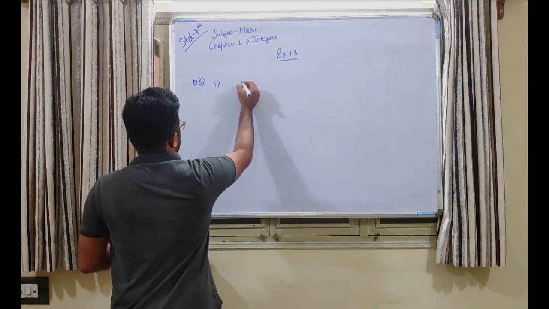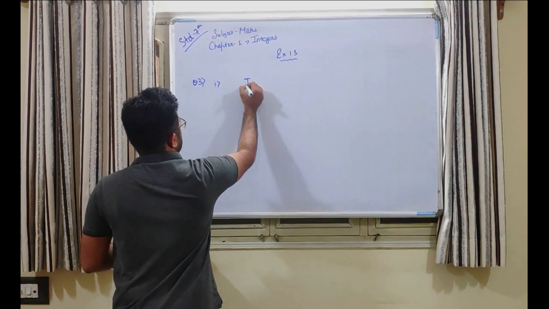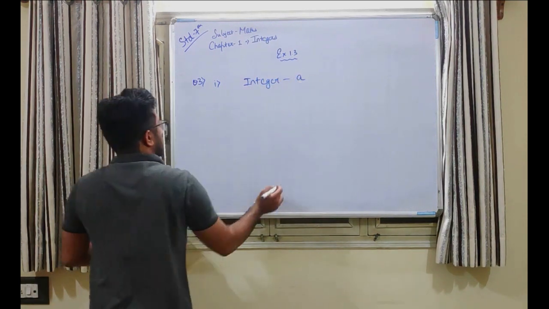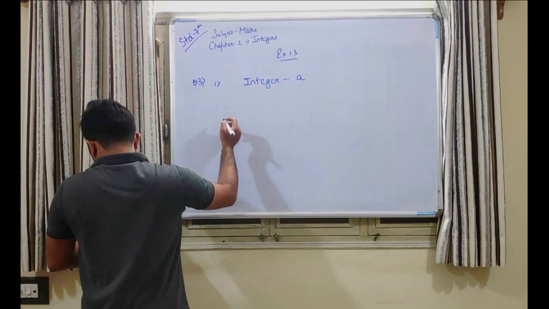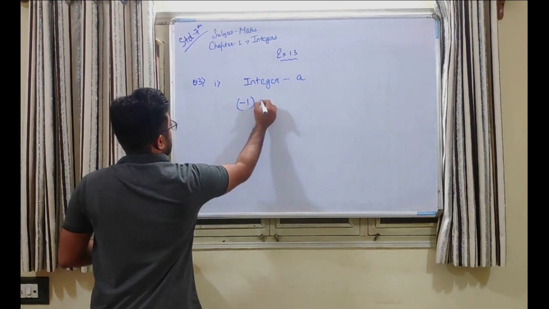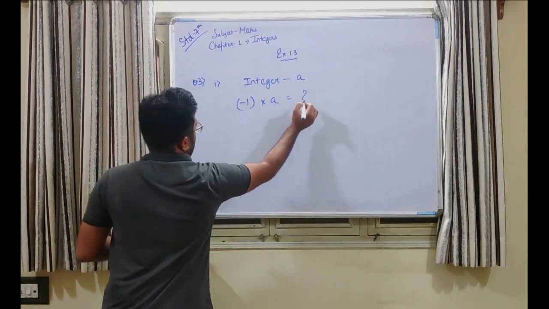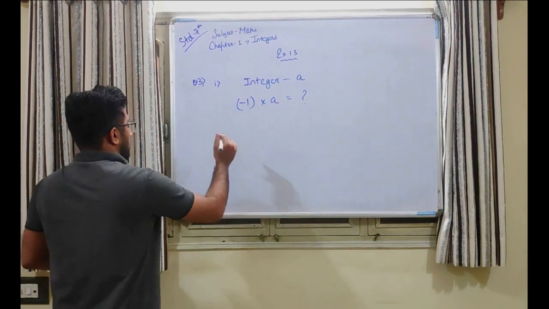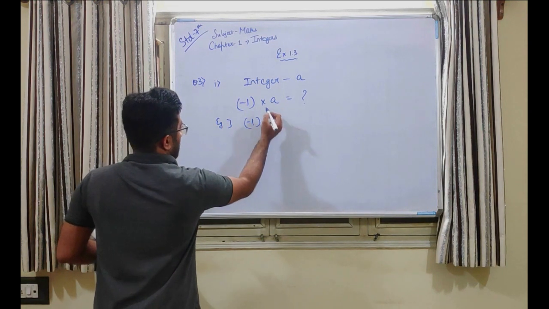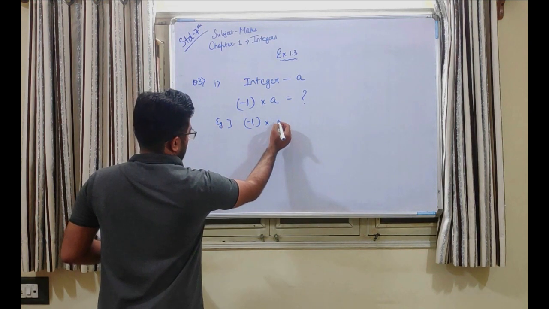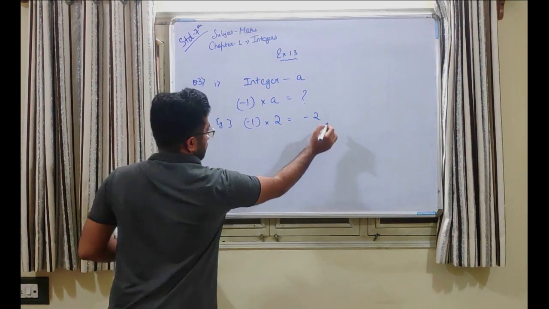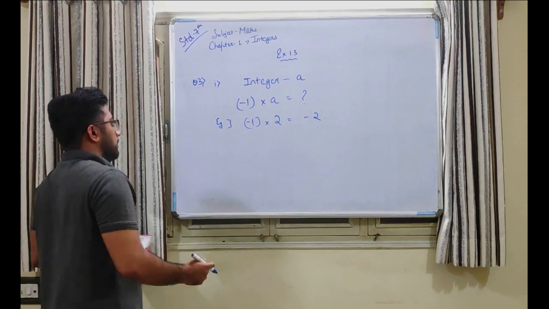Okay, so they are asking you, if there is an integer which is a, and if you multiply that number with minus 1, what will be your answer? Okay, so let us take an example. Suppose let us take a as positive integer 2, so answer will be minus 2.